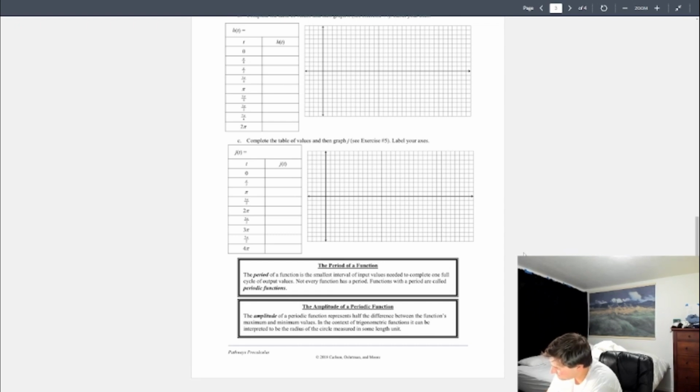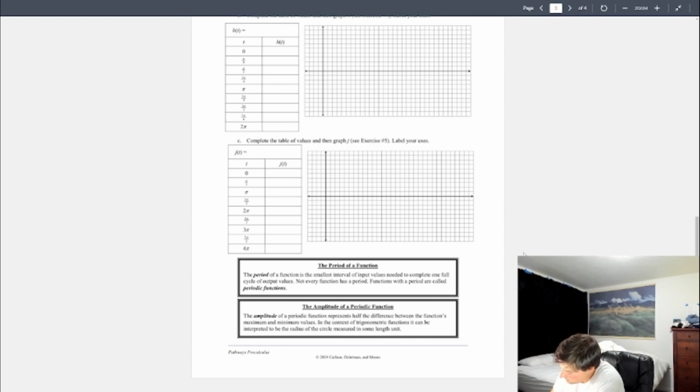Periodic functions. The amplitude of a periodic function represents half of the difference between the function's maximum output (positive) and minimum output (negative) values.